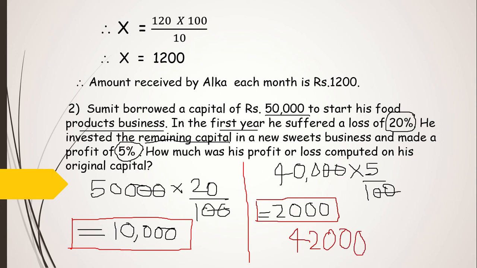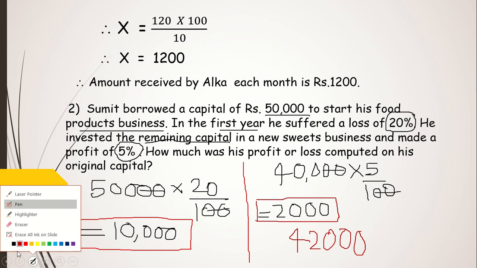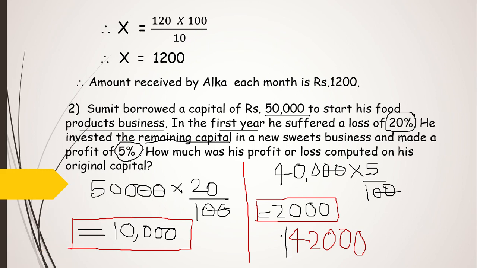So after 2 years the money remaining with him is 42,000. We are asked to find out after 2 years whether he had a loss or a profit. Obviously he had a loss because he started with 50,000 and ended up with 42,000. So 50,000 minus 42,000 is a loss of rupees 8,000.